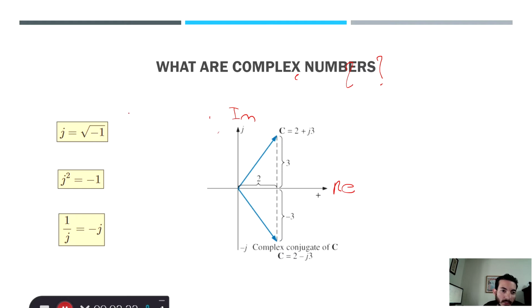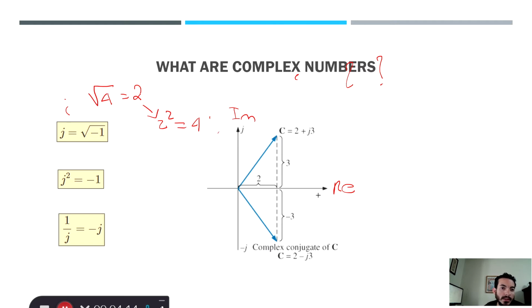Now, the imaginary part comes from the term i, also sometimes called j or i, depending on the book. And let's say j, for our purpose, is the same as the square root of -1. Obviously this does not exist in regular mathematics. For instance, the square root of 4 equals 2, because 2 to the second power is equal to 4.